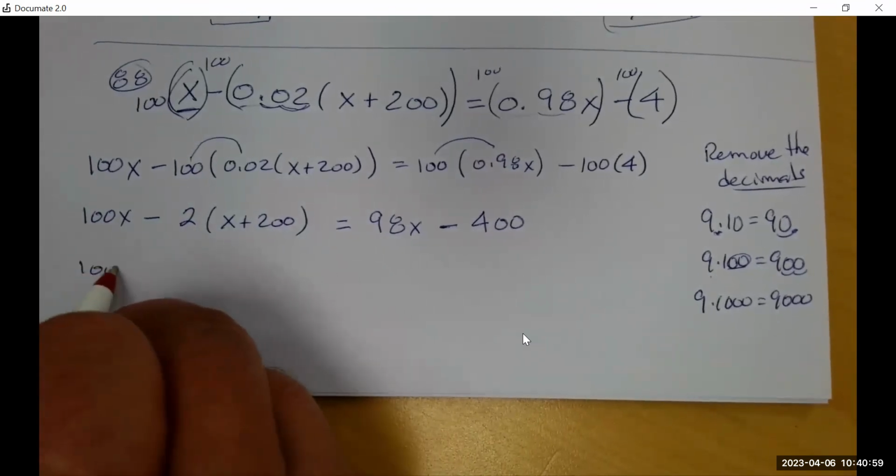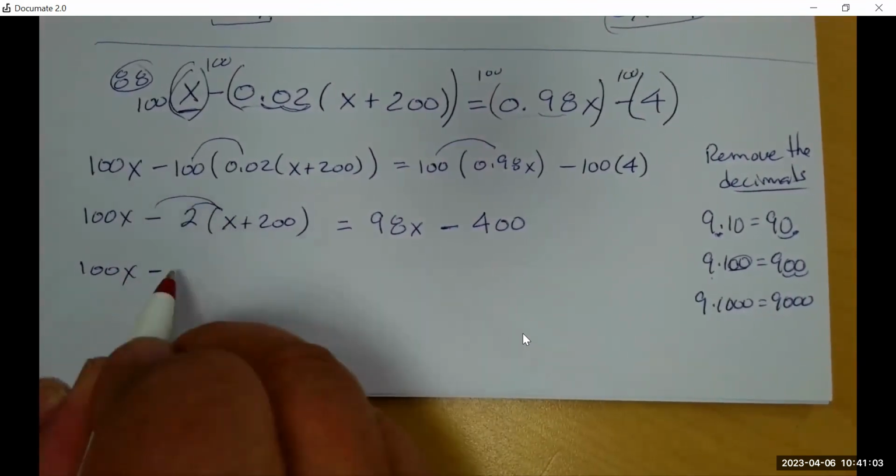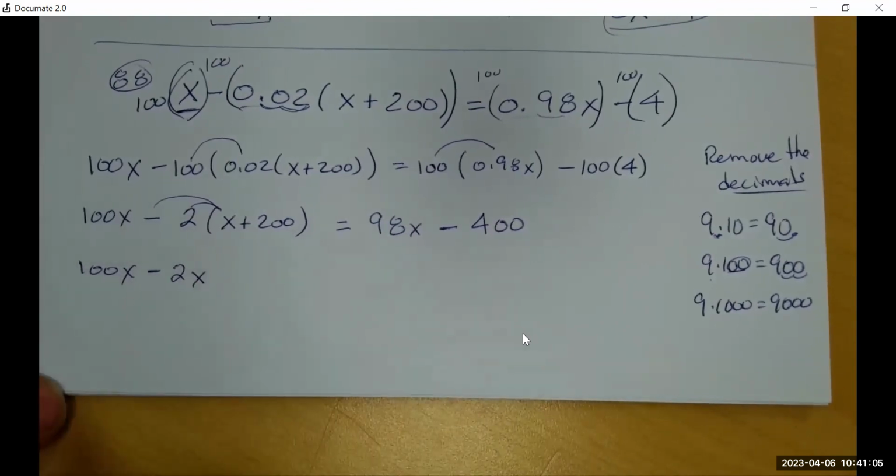Exactly. So negative times positive is negative. 2 times x, 2x.